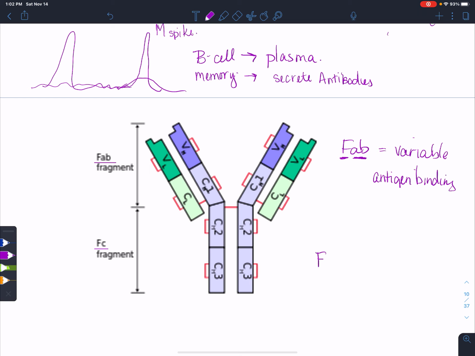And then here where you see FC, we call that the fragment crystallizable. Okay, or constant. Okay. So you might see those different terms.